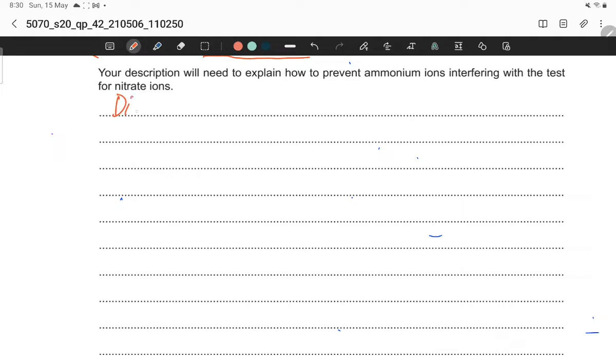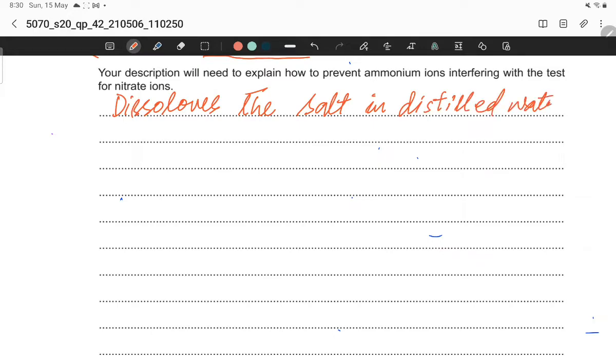Dissolve the salt in distilled water and then carry out the tests.